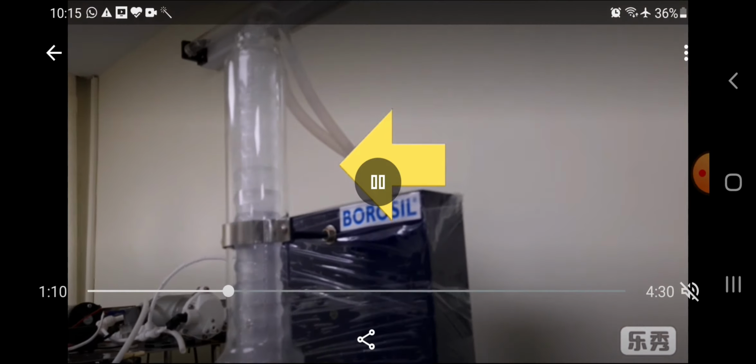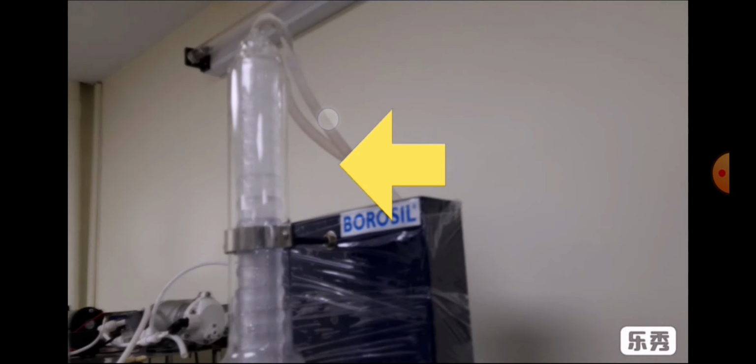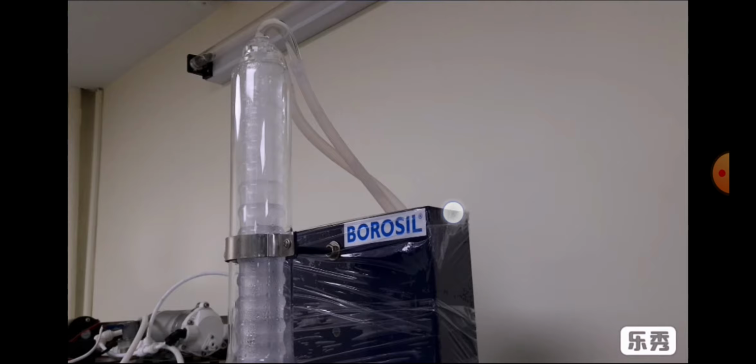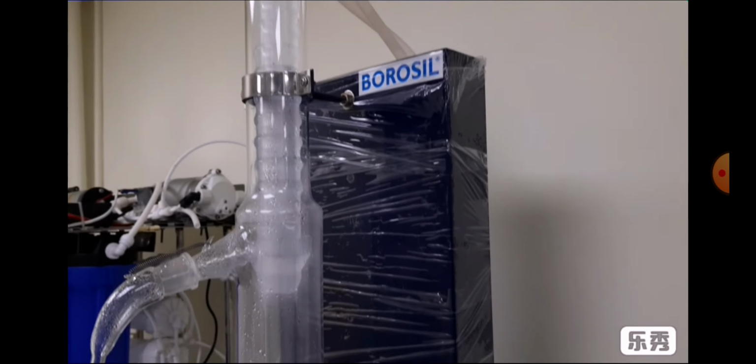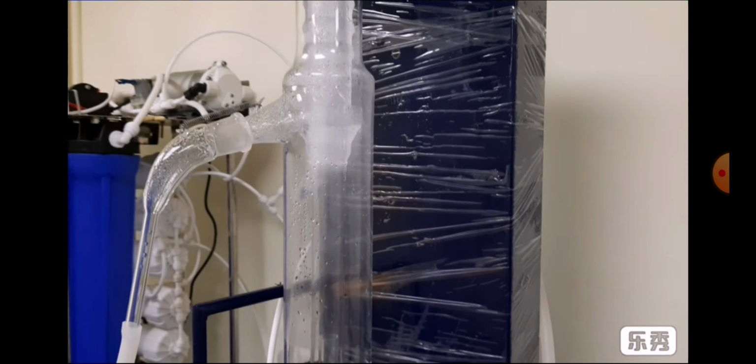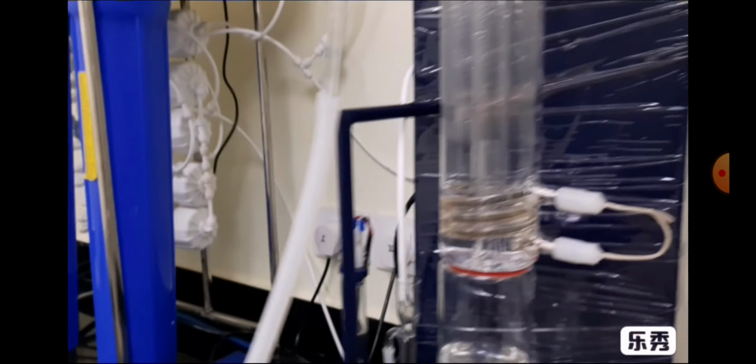Here we can see that two pipes are there. Through this one pipe the water is coming into the condenser, and this water cools the condenser, and after that the water will go this way into our basin. In this way the condenser will be cooled.